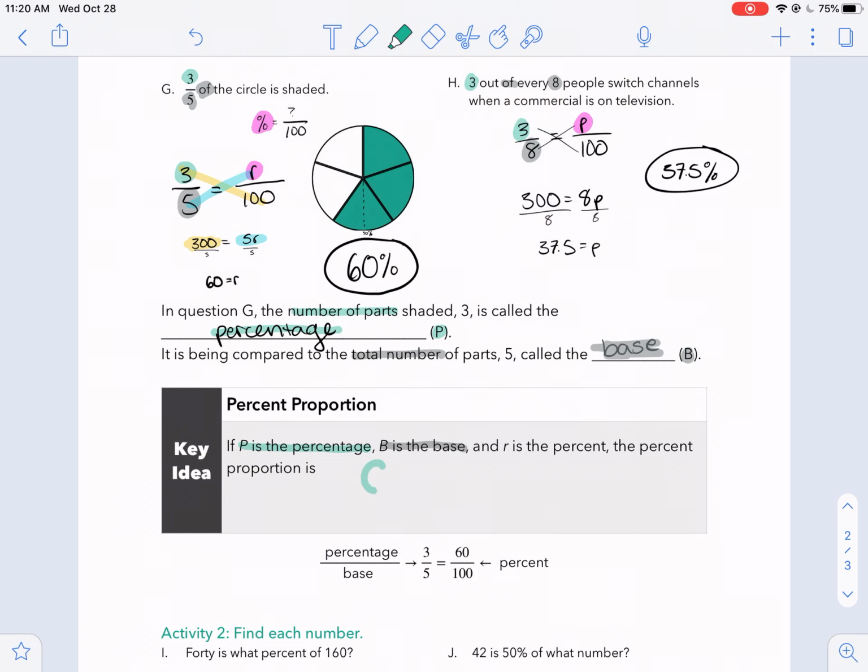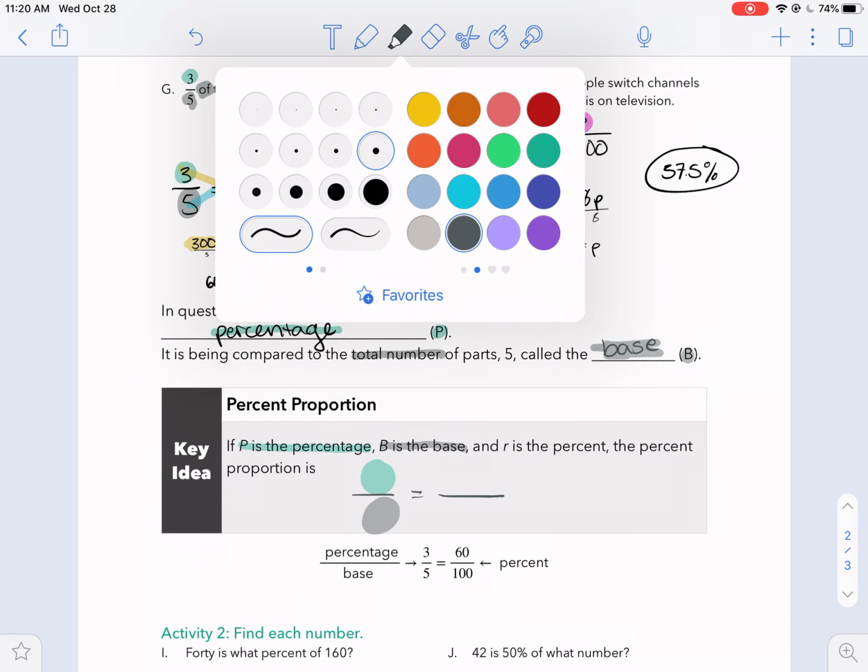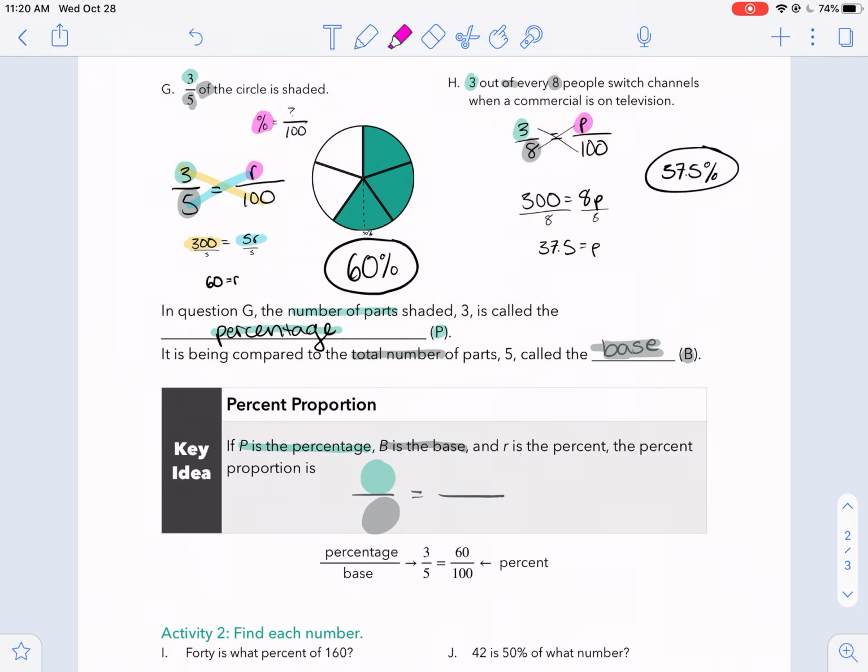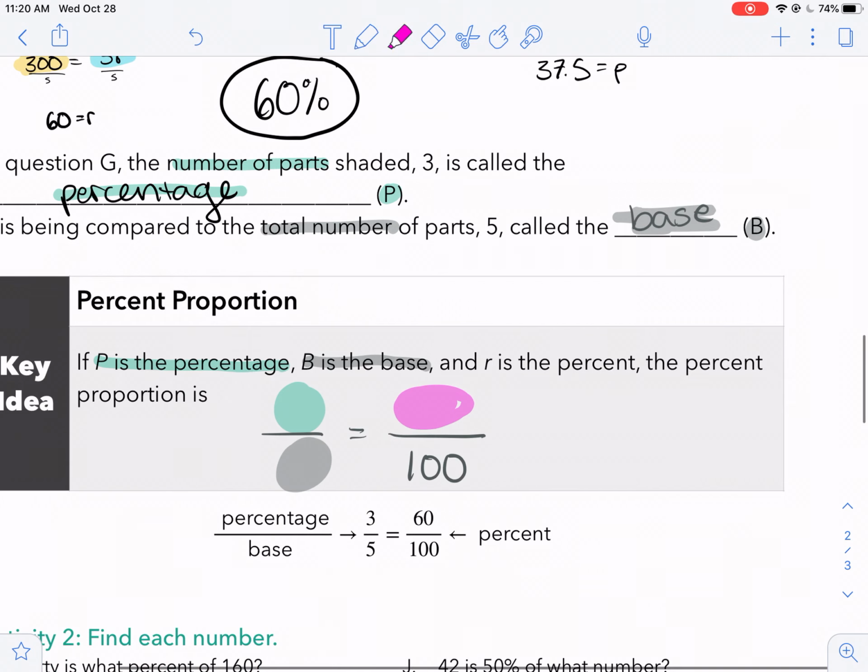Whatever our percentage is, we put that over our base, and that's going to be equal to whatever our percent ends up being over 100, because remember percent is always a ratio over 100. So we say that P over B equals percent over 100. And that's great.